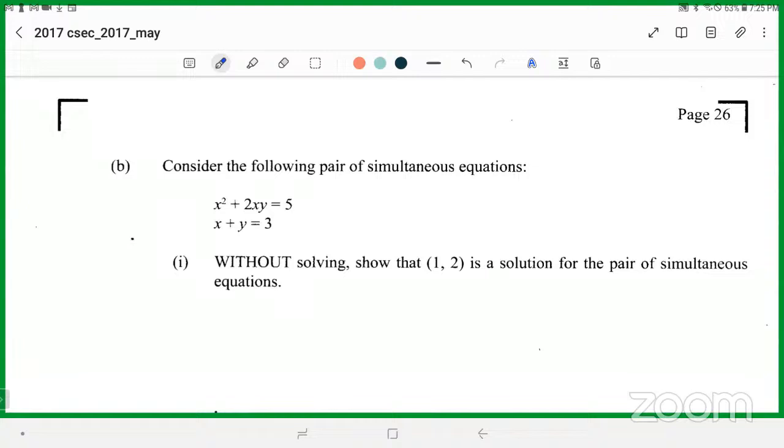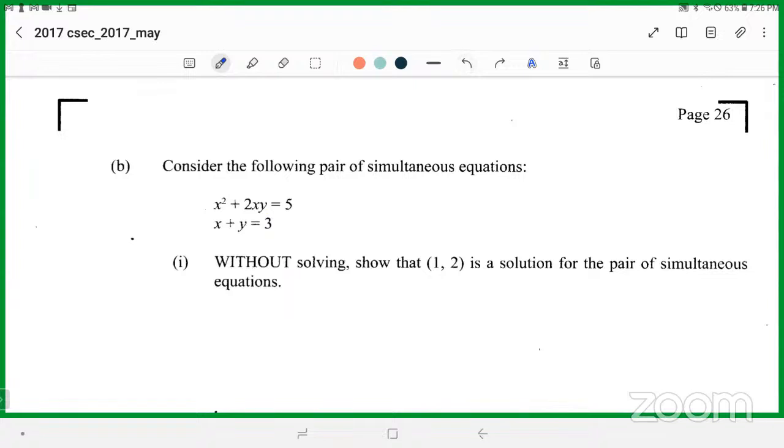All right. This question says, consider the following pair of simultaneous equations. If you look at it, this one is a curve, this one is a line. Remember, generally speaking, when we're solving simultaneous equations of a line and a curve, we tend to substitute the line equation into the curve equation. This one is the curve one, obviously with the x squared and the xy there.